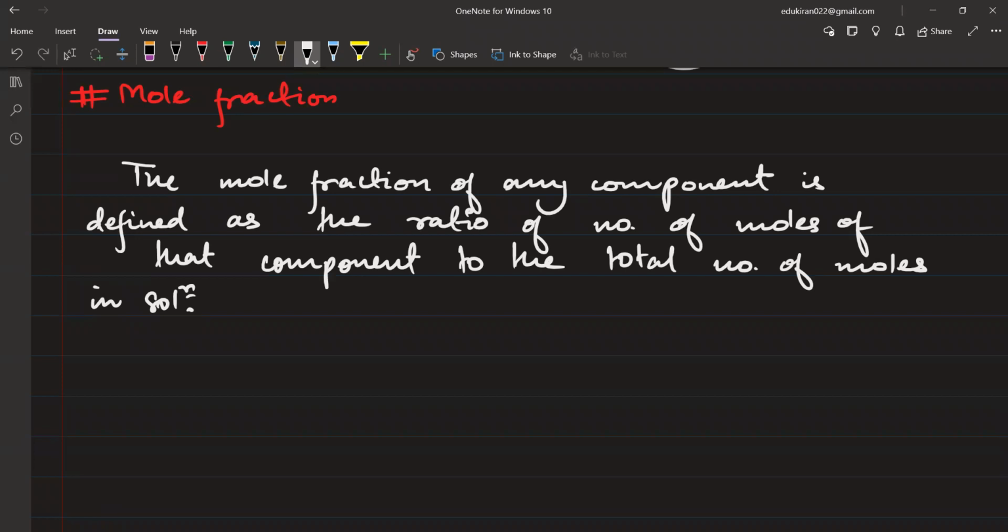Mole fraction is denoted by this letter. It looks like X, but it is pronounced as chi.